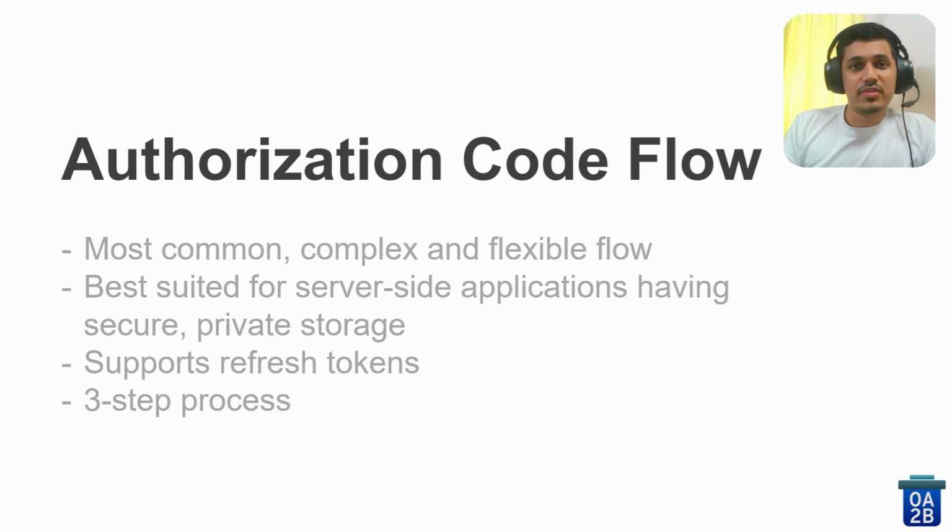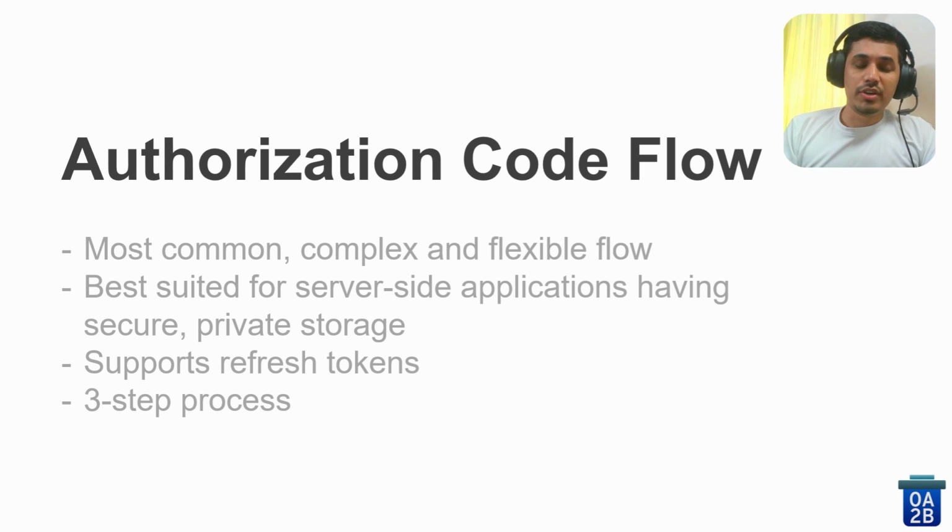It's best suited for server-side applications. Now, the reason for this is that authorization code deals with certain parameters which must be kept private. They should be stored securely, and you cannot reveal them to your public clients like websites or mobile apps. So a server is the best choice for something like that.